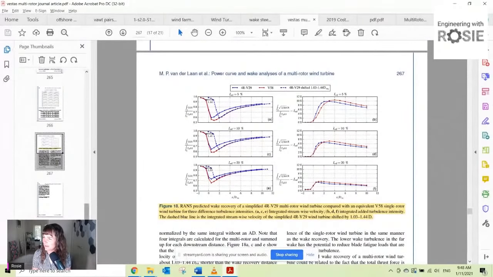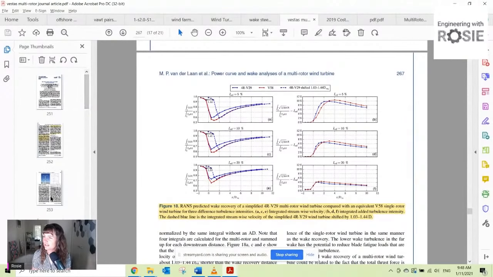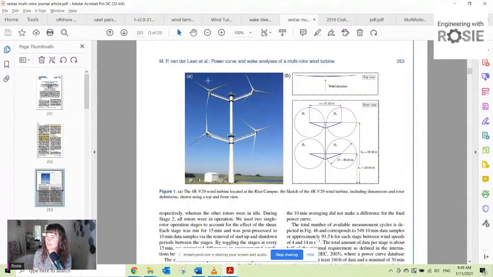This is a paper on the Vestas multi-rotor wind turbine that they made. So what they did was they refurbished 4 small wind turbines, I think they were 225 kilowatts each, and they made this new structure with one tower and some support arms, and mounted them all on a single tower.